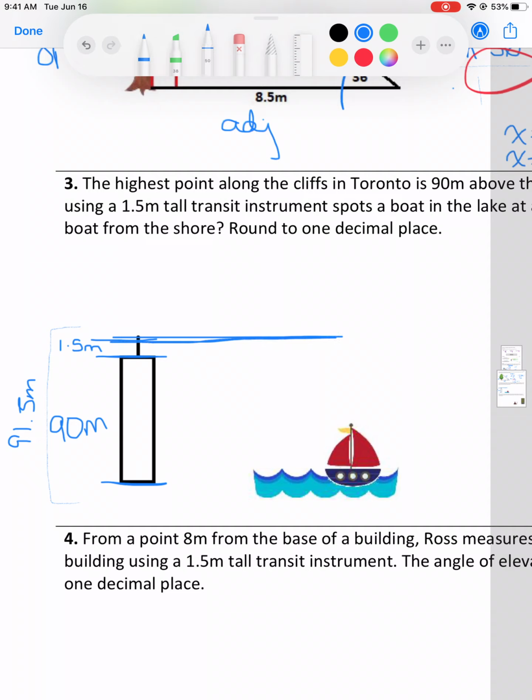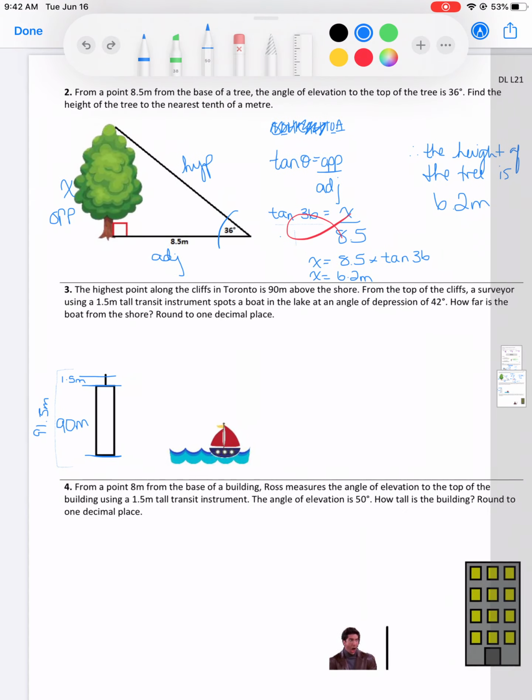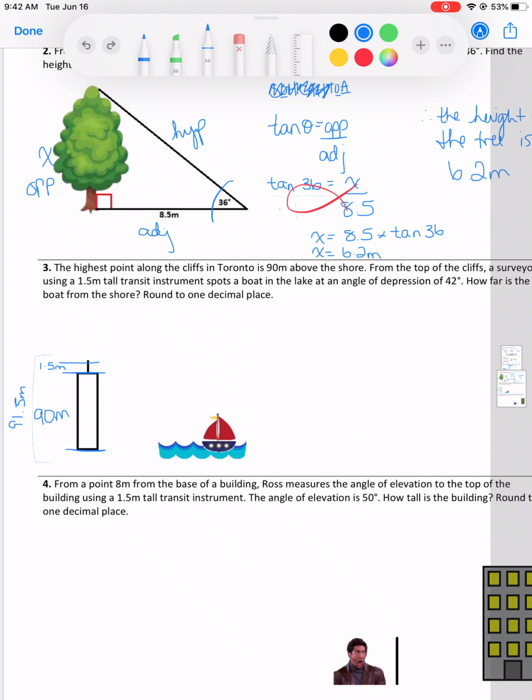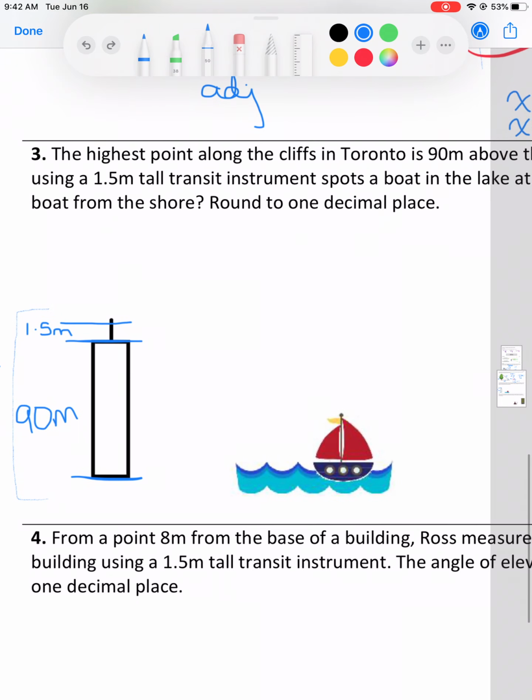Remember, if we go up, that's our elevation. If we go down, that's our depression. So that means this is the angle that we're talking about here. Okay? So, how far is the boat from the shore? So, I'm going to make a triangle.